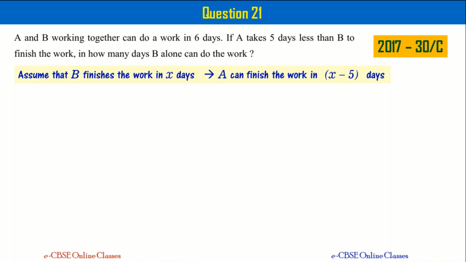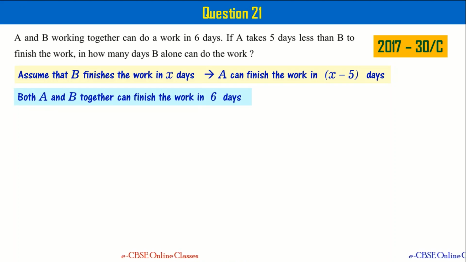Now you see this. B finishes the work in x days, means in one day, he can complete 1 by x portion of the work, right? Similarly, in one day, A can complete 1 by x minus 5 portion of the work, right?